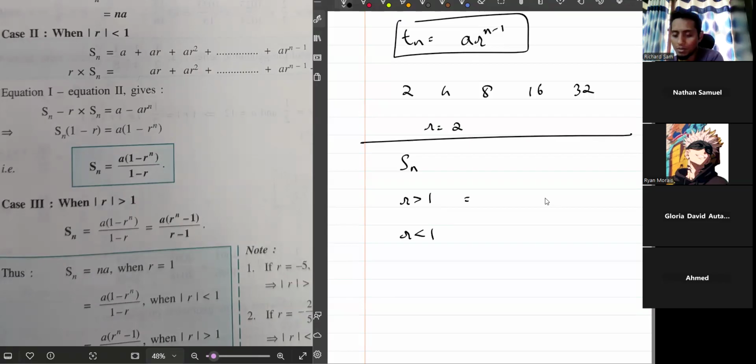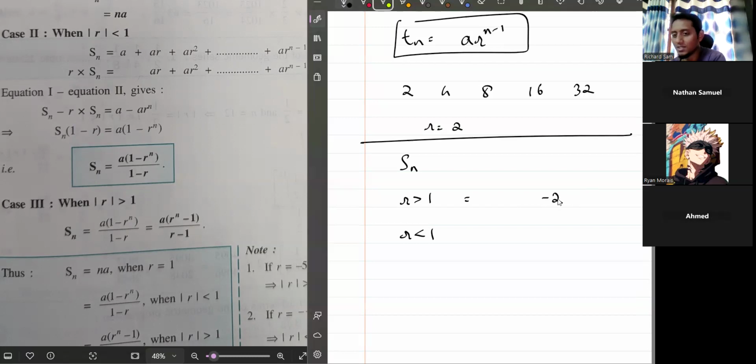For example, the number minus 2. Is this greater than 1 or less than 1? In actual maths, minus 2 is less than 1, right? But that's not what they're asking. They're asking the absolute value of minus 2.